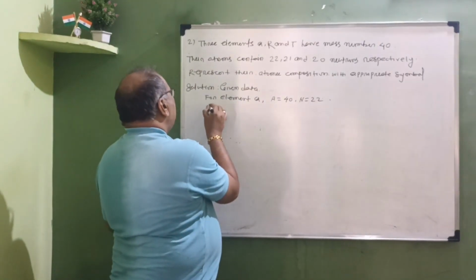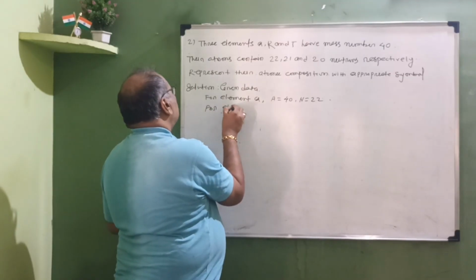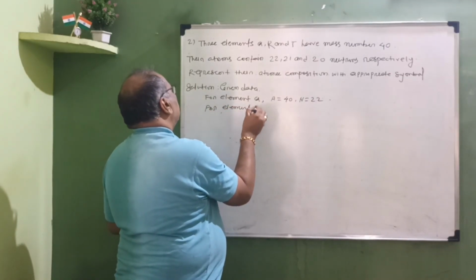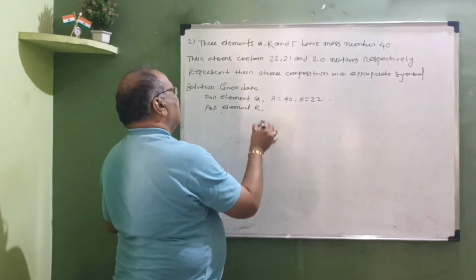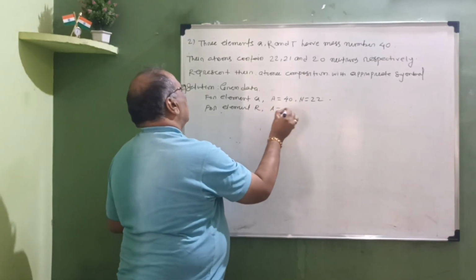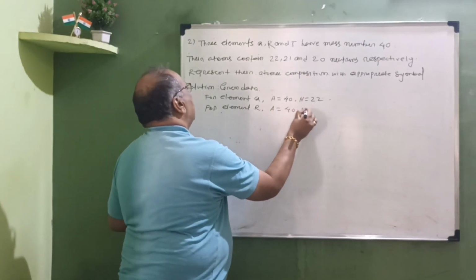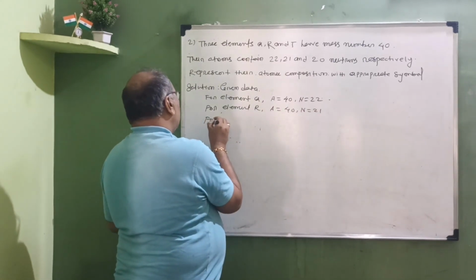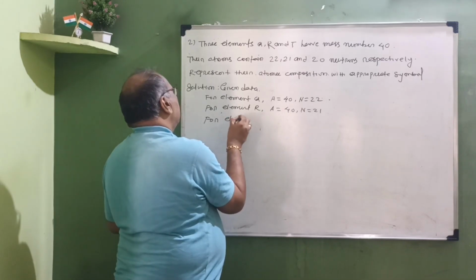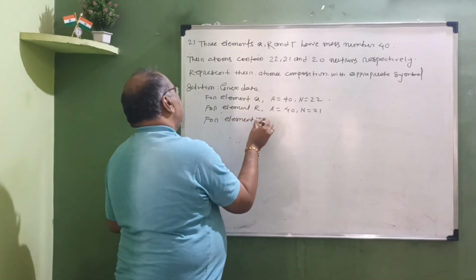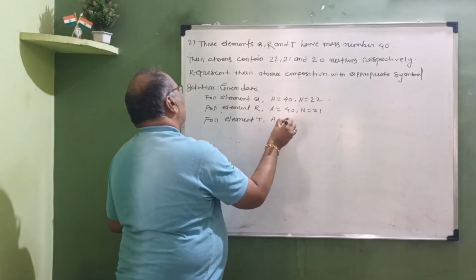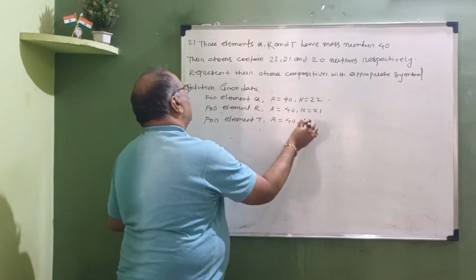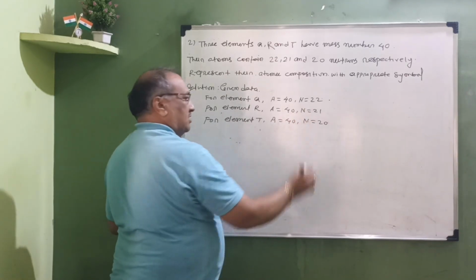For element R, again A is equal to 40 and N is equal to 21, and for element T, A is equal to 40 and N is equal to 20.